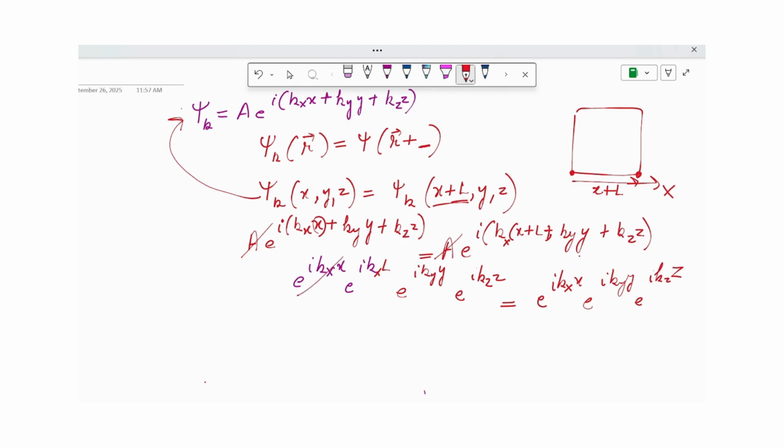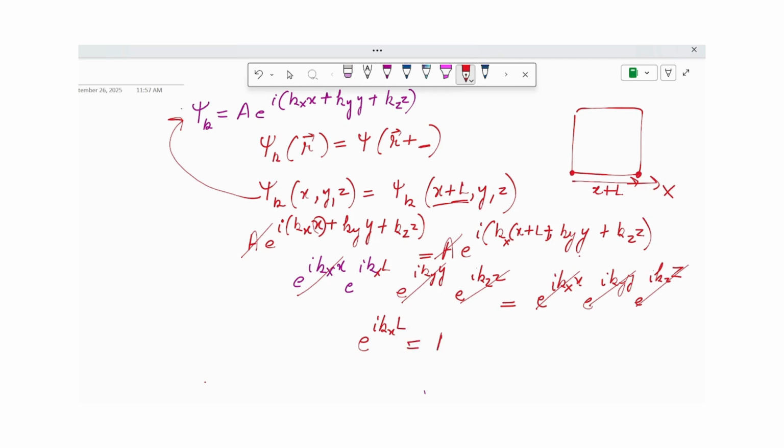So this term will cancel with this term, and at the end what we will get is exponential of iota kx L is equal to 1.